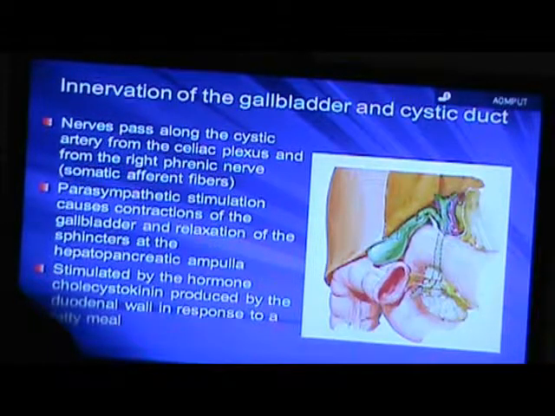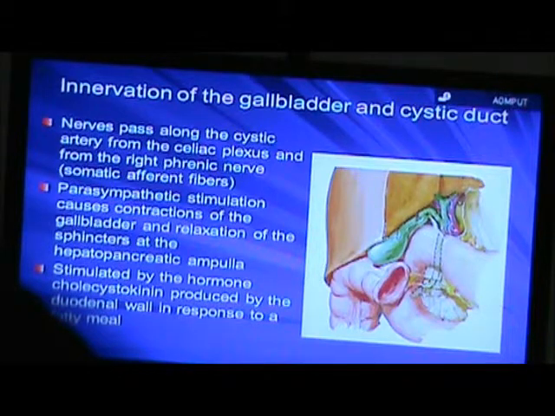We remember that the branches of the right phrenic nerve can pass through the caval foramen, and parasympathetic stimulation causes contraction of the gallbladder and relaxation of the sphincters at the hepatopancreatic ampulla.